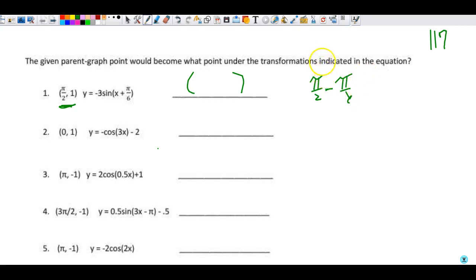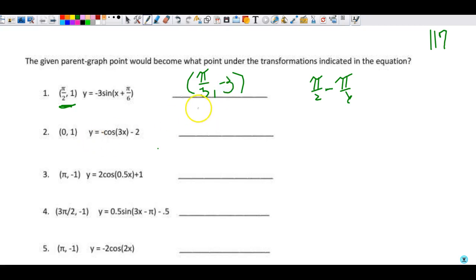That's 3 pi sixths minus pi sixths, which is 2 pi sixths, which is pi thirds. Then my y value, there's no translation, but there is a reflection and the amplitude is 3, so I'm just taking my y and multiplying it by -3. So I get -3, and it's that easy.